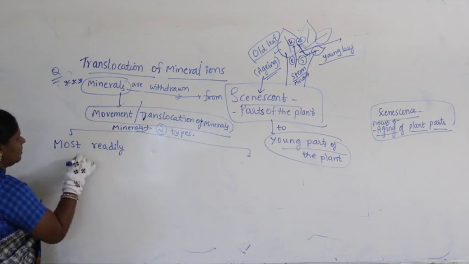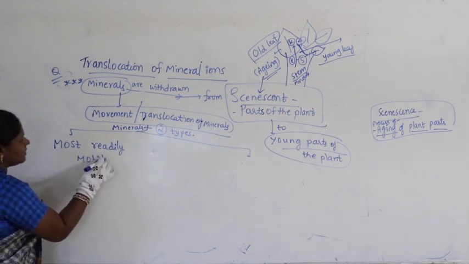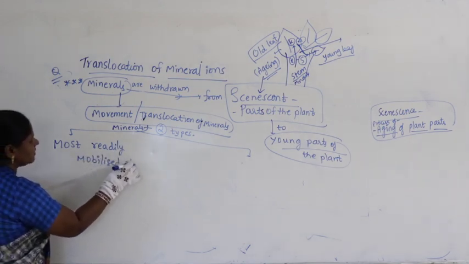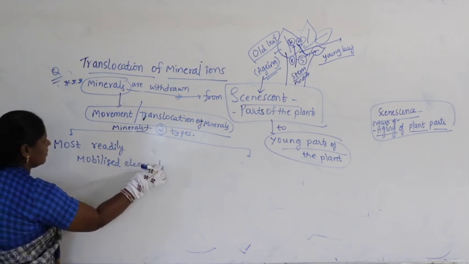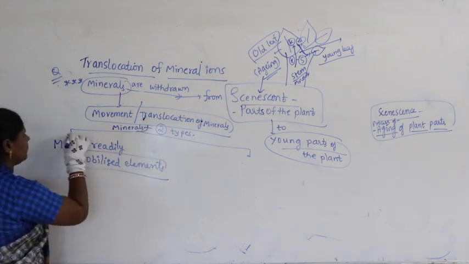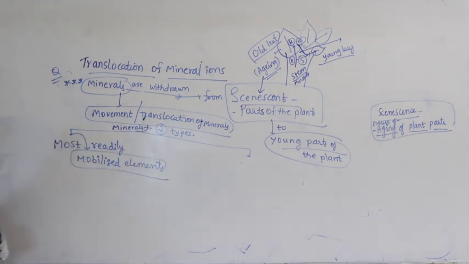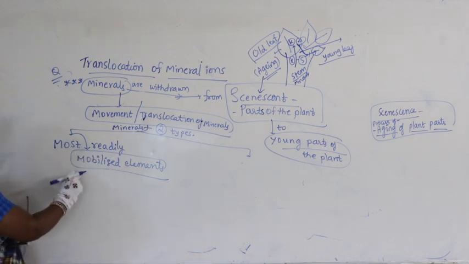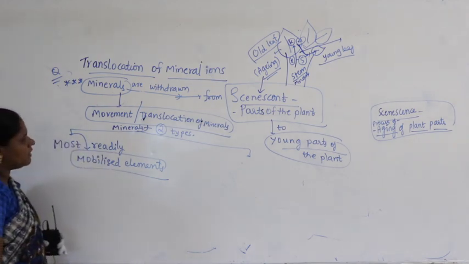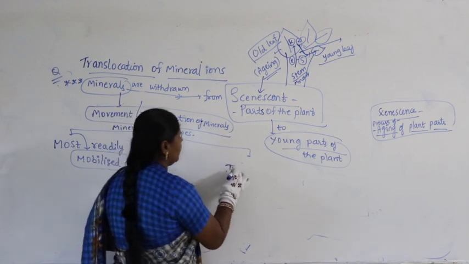Most readily mobilized elements, this we know, this is the first category. What is the first category? Most readily mobilized elements. What is the other category?